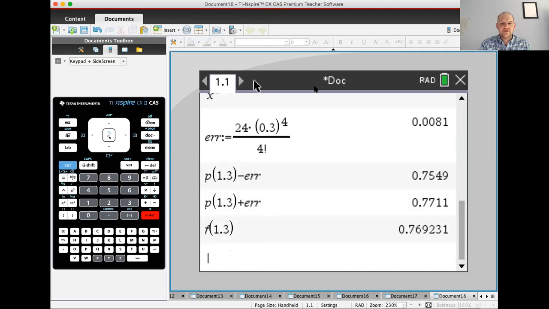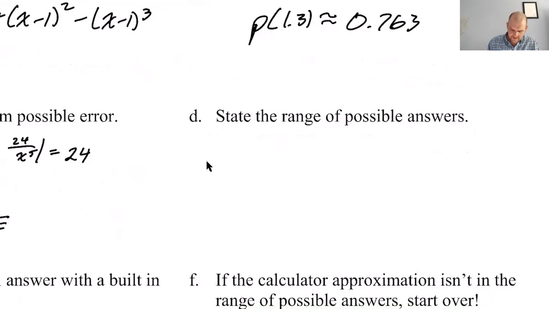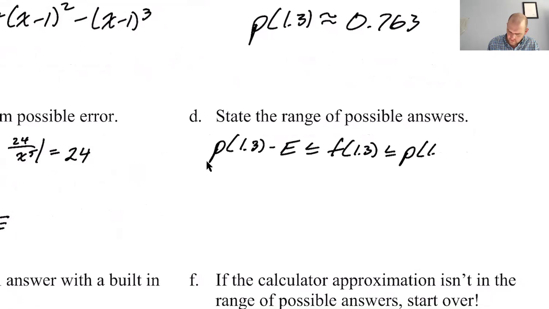Okay, so all that's left to do is write all this down. So I'm going to go back to the notes and you can watch me do that. You should have already written it down, potentially, but if you didn't, here we go. I'm going to look at the calculator while you look at this screen. So here I was doing p of 1.3 minus e less than or equal to f of 1.3 less than or equal to p of 1.3 plus e.